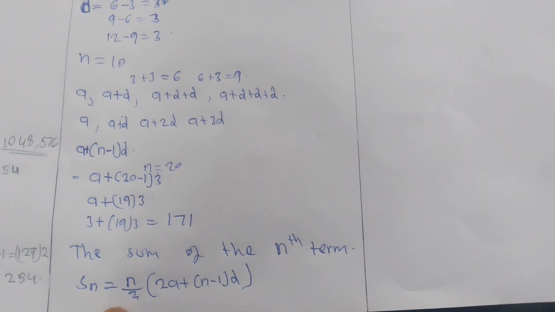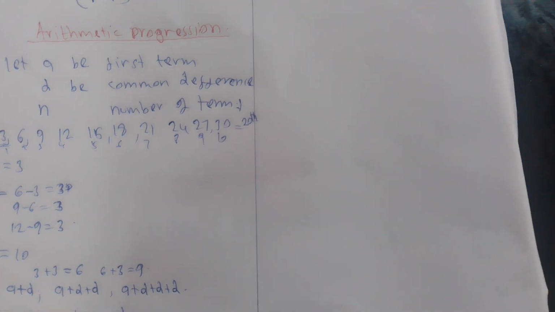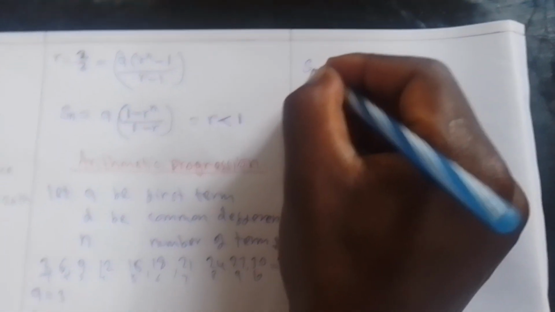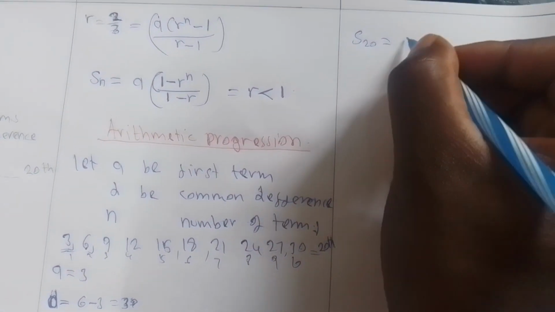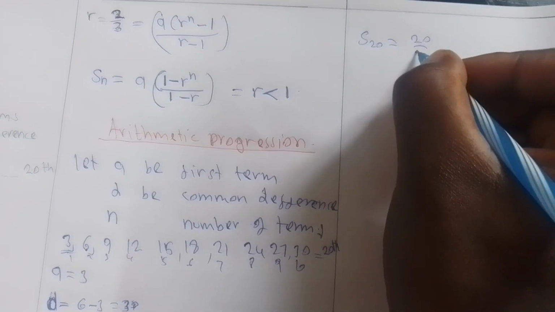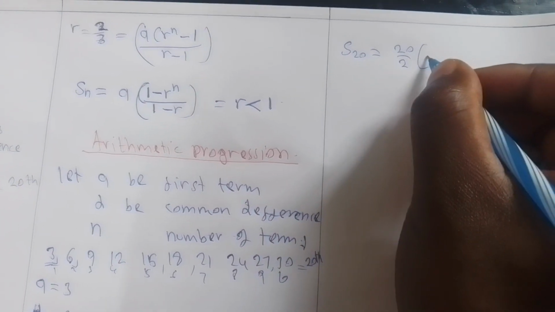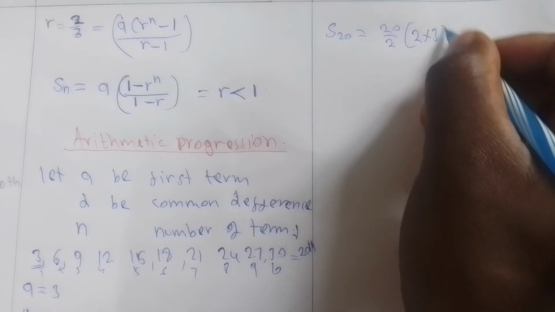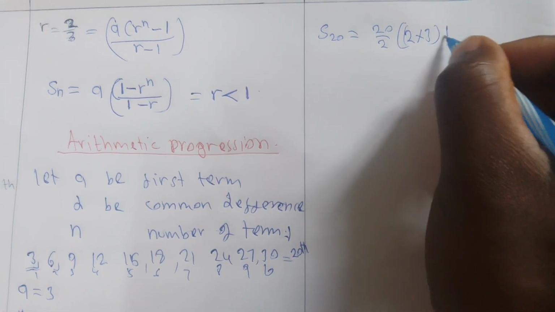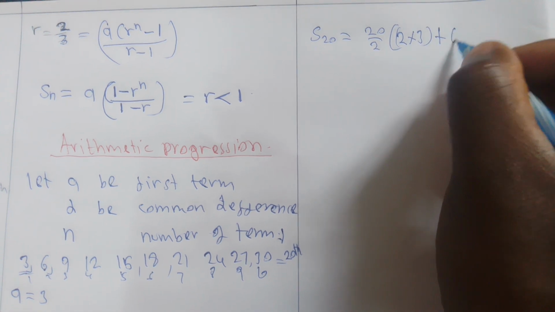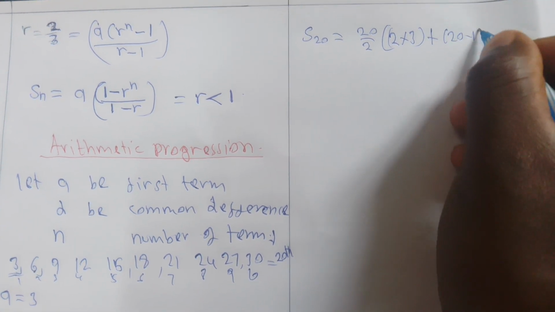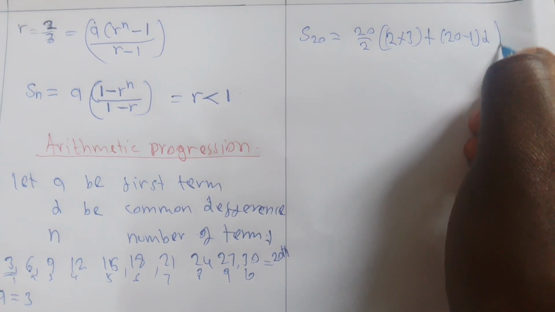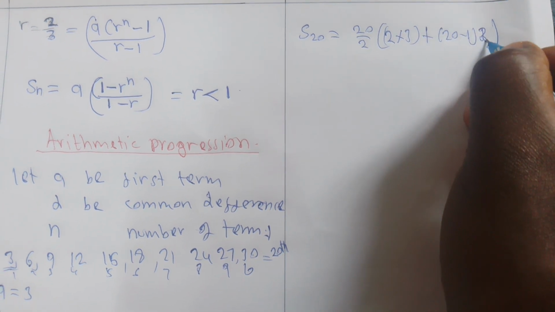Let's take our example, the sum of the 20th term of this sequence. S20 is equal to 20 over 2, into brackets, 2 multiplied by a, which is 3, plus n, which is 20, minus 1, multiplied by the common difference, which is 3.